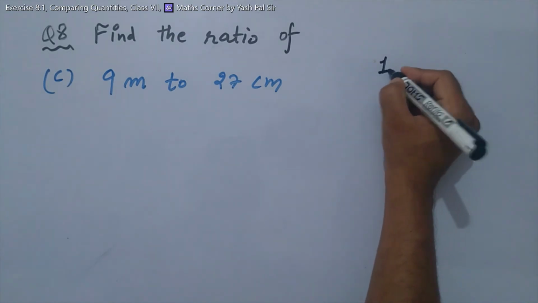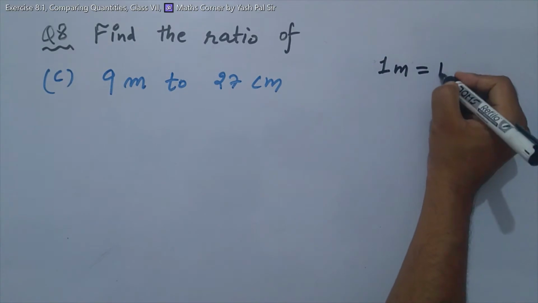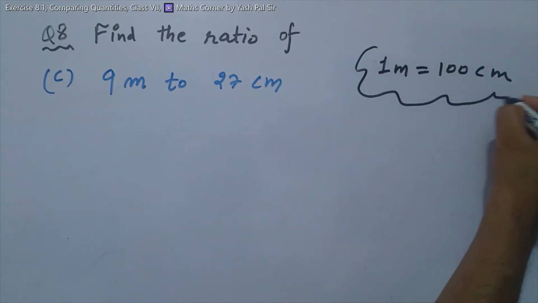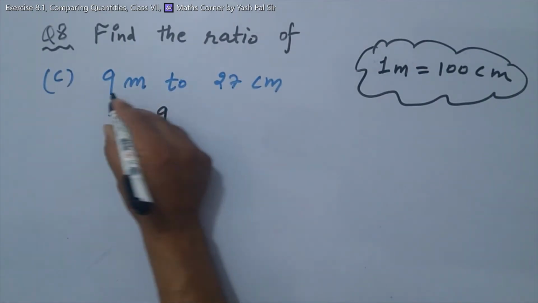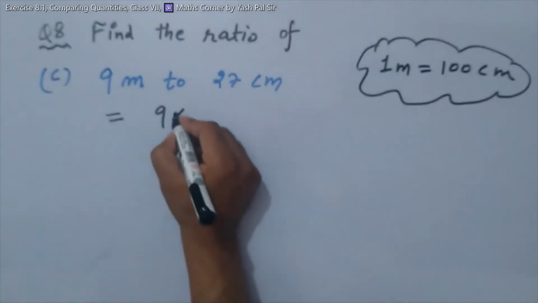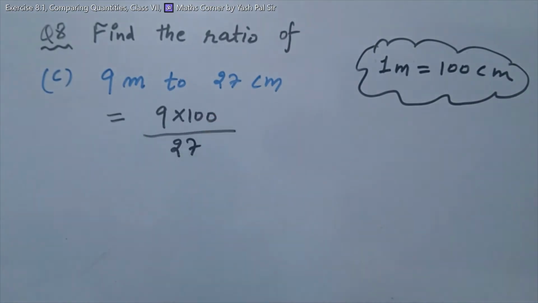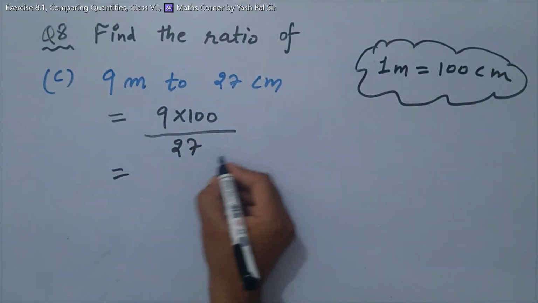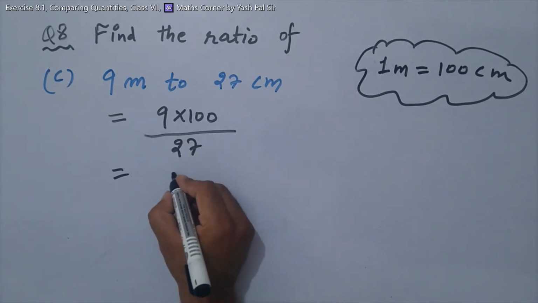1 meter is equal to 100 centimeters. So this becomes 9 multiplied by 100 divided by 27. Moreover, we can divide the numerator and denominator by 9.